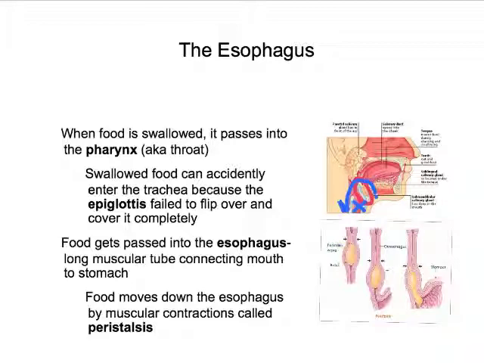But of course sometimes that happens, and we get a hacking cough or whatever, in order to get that food back out of the trachea and down where it's supposed to go. Now food gets passed into the esophagus, which is a long muscular tube that connects the mouth to the stomach. And the way that the food particles get there is through muscular contractions, like we had said before, called peristalsis.